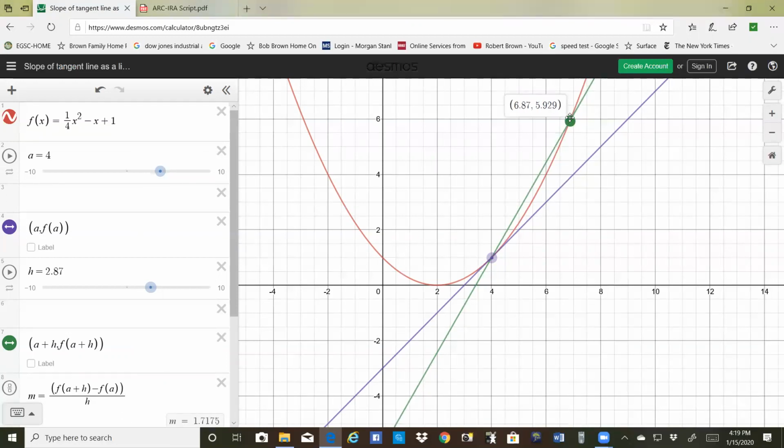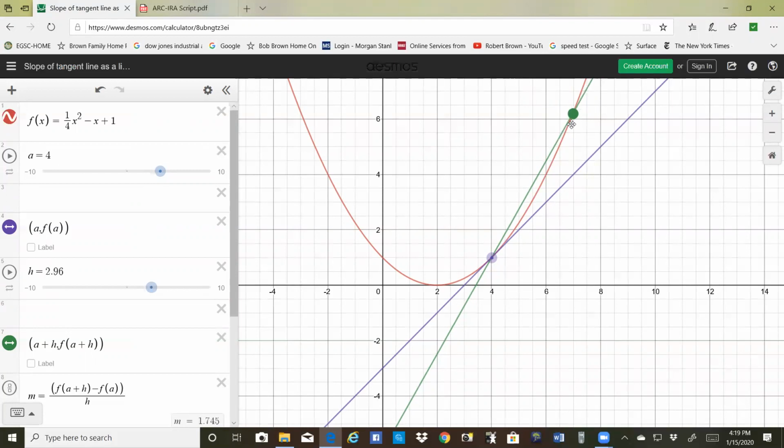If we actually move this exactly to 7, if I can get it exactly on 7, I can't quite get it exactly on 7. Oh, I know what I can do. I can make h equal, well, that's good enough, h equal 3.